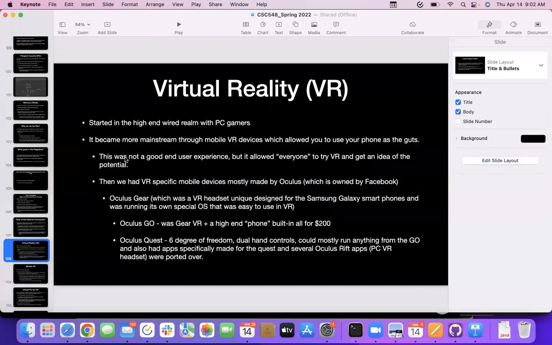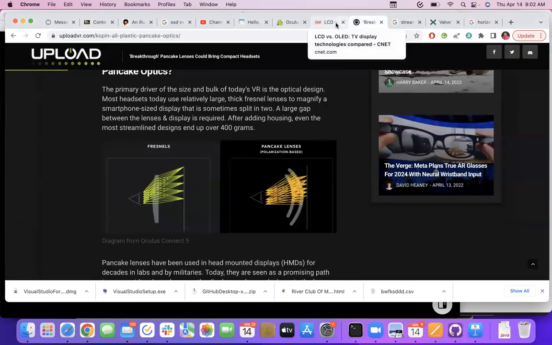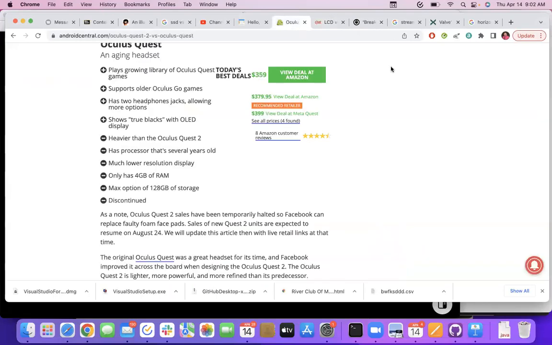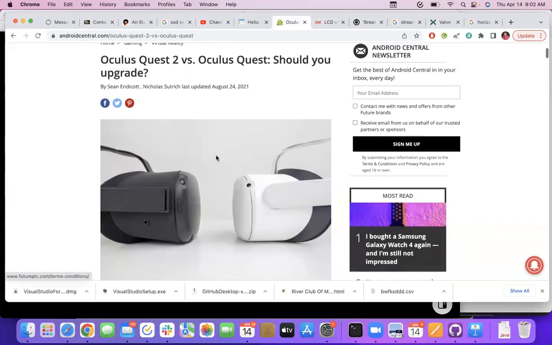All right, so we have this device called the Quest 2. Let's see here. Yeah, so you guys are going to be looking into these in your paper. So the one here on the right is an Oculus Quest 2. Oculus is owned by Facebook, which changed their name to Meta. So now this is called the Meta Quest 2.